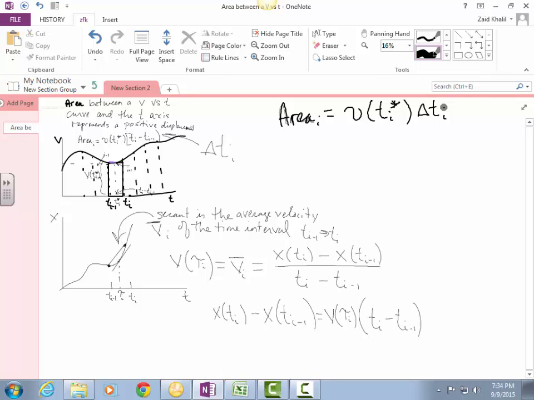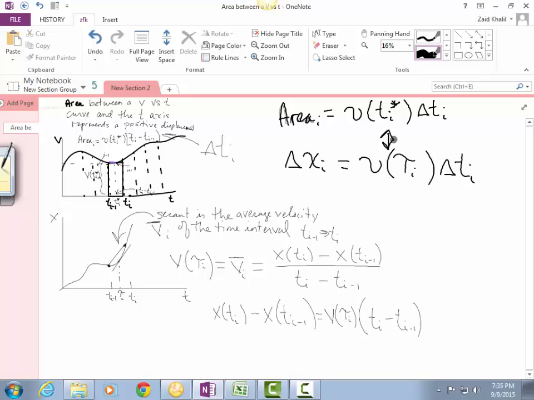And we have the displacement, delta xi, which is equal to v of tau i times delta ti. So now the question is, how are these two equal? In other words, these two would be equal if these two velocities were equal.